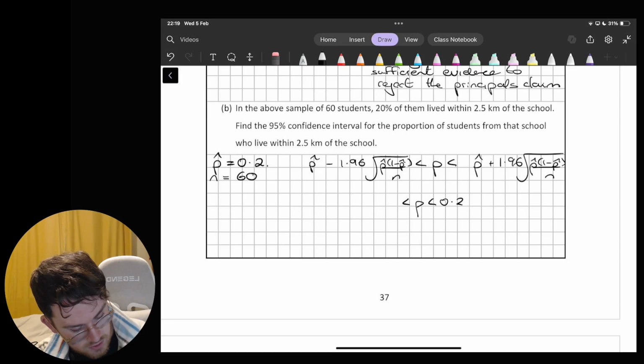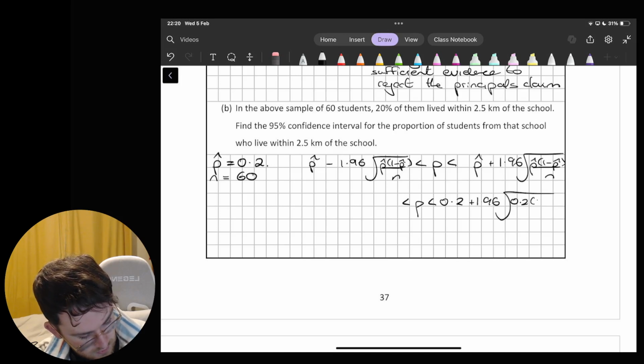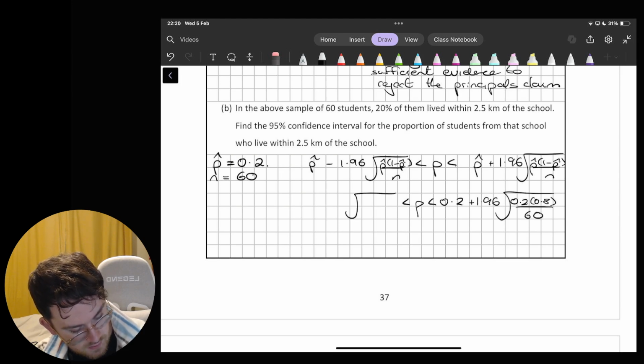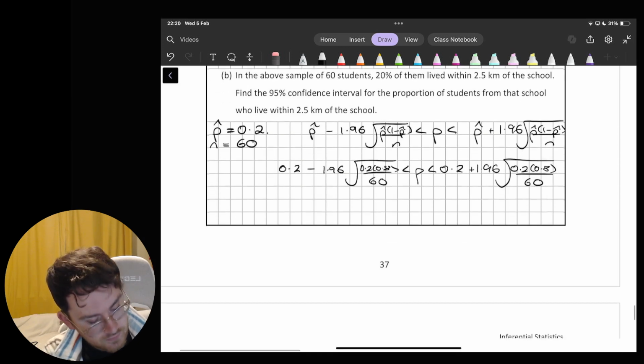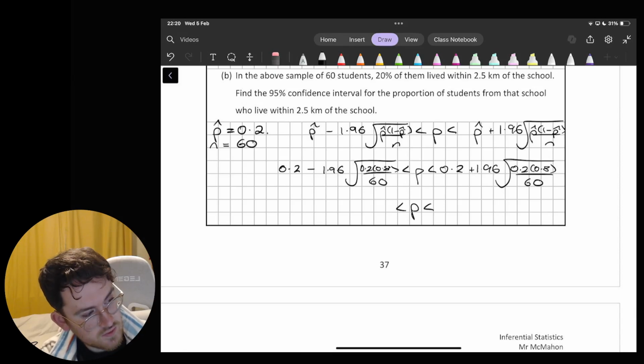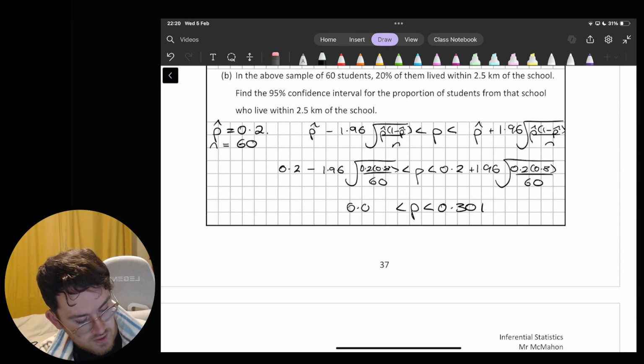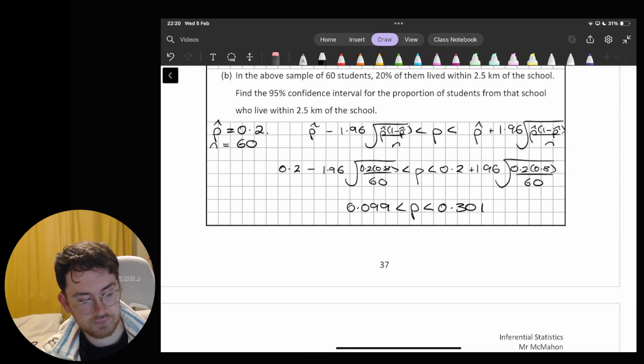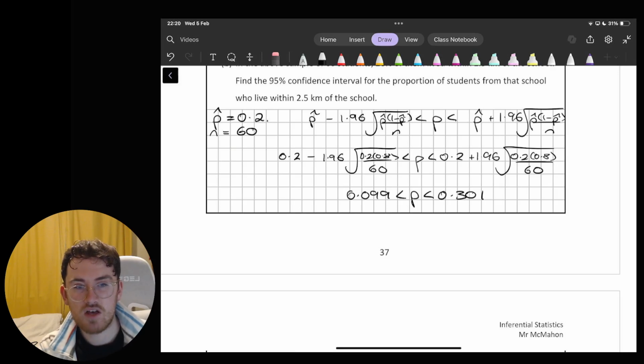So 0.2 plus or minus 1.96 times the square root of 0.2 times 0.8 over 60. And my confidence interval here is going to work out to be 0.301 and 0.099. Okay, and that's all we were asked for, confidence interval.